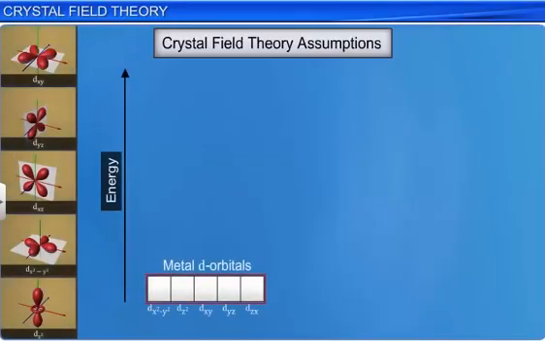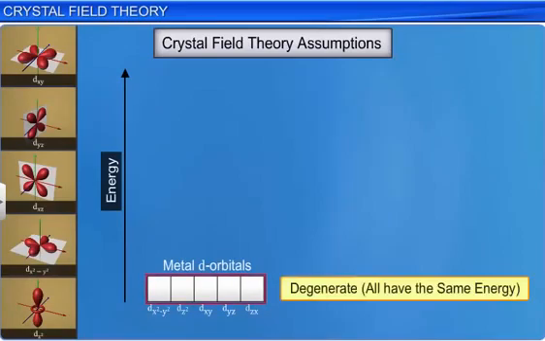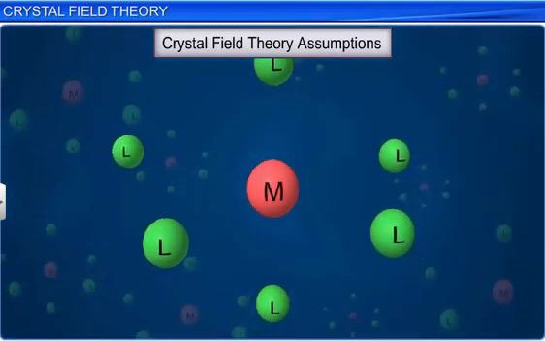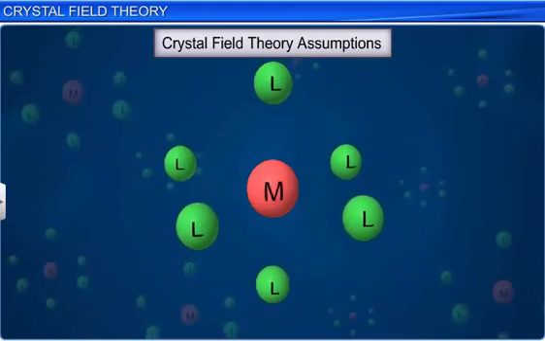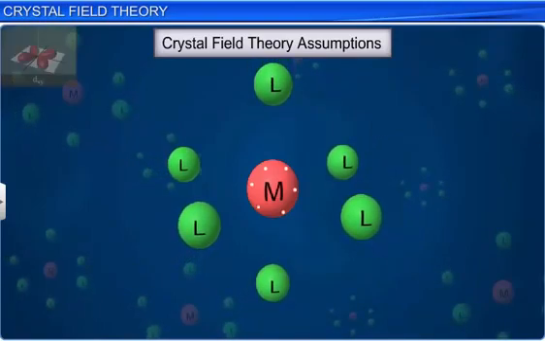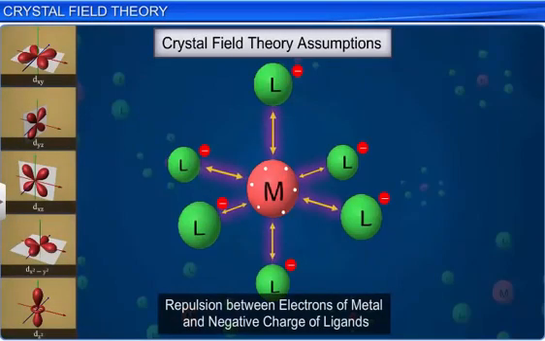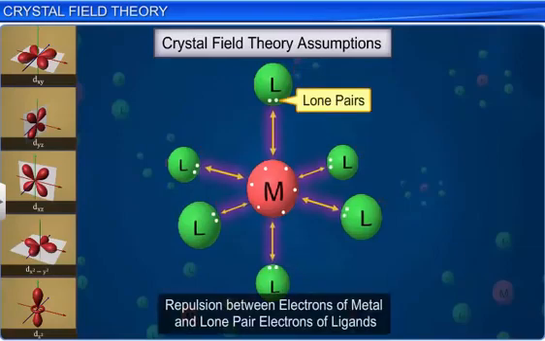The 5d orbitals in an isolated gaseous metal atom or ion are degenerate. That is, they all have the same energy. However, when the ligands approach the metal ion to form a complex, the electrons in the d orbitals of the metal will be repelled by the negative charge or lone pair electrons of the ligands due to the repulsion between the like charges.